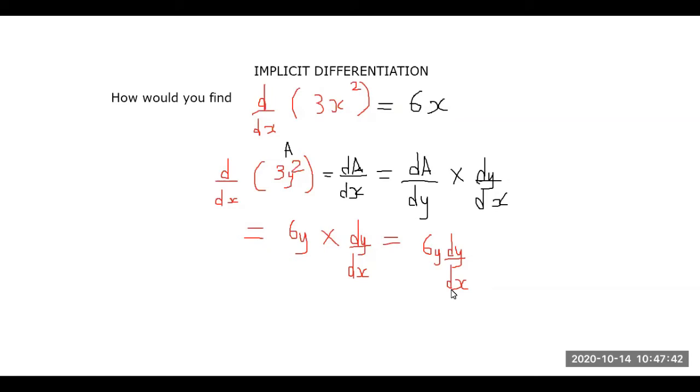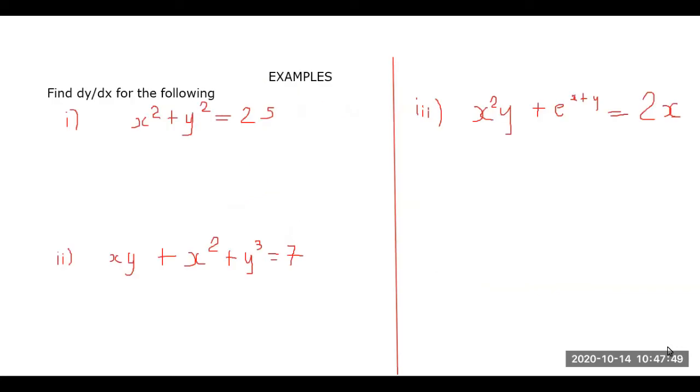Now let's look at how we are going to use this in an actual example. Let's say we need to find dy by dx for the following: x squared plus y squared is equal to 25.